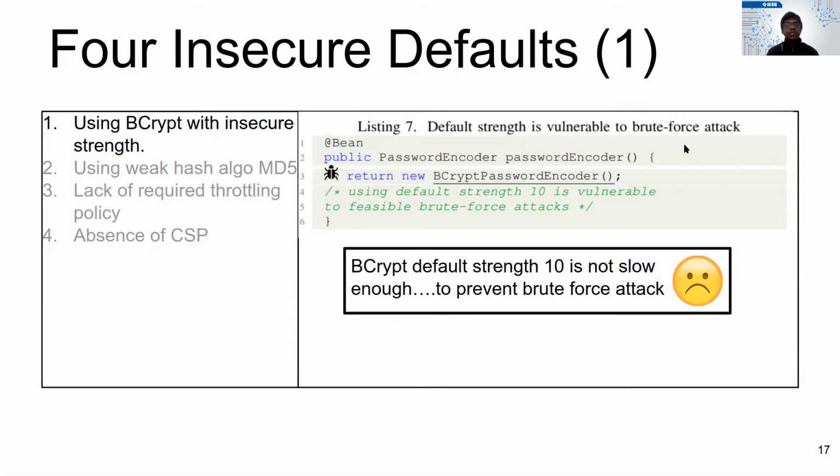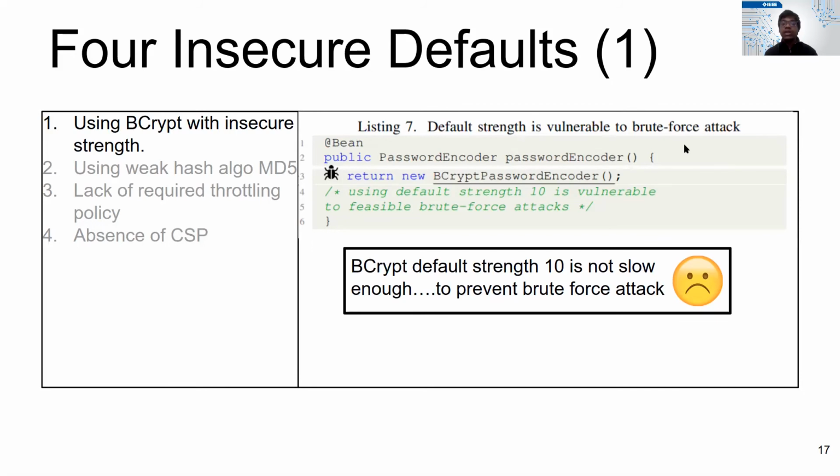The first one is related to bcrypt, which is a password encoder and the most recommended way to encode passwords in Spring Security. Bcrypt is intentionally a slow hashing algorithm, and this slowness adds to the security to prevent brute force attacks.